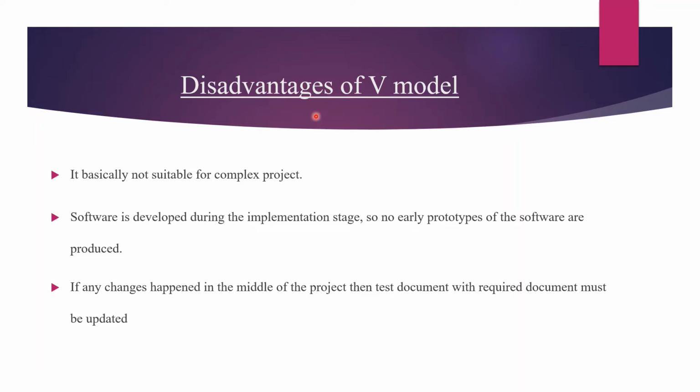So in the V model, it is necessary to do the documentation properly. In the Agile model, we see there is less documentation, which also creates ambiguity among the team. In the V model, it also creates ambiguity if any changes happen in the middle of the project. So we can understand when the V model and the Agile model are used.